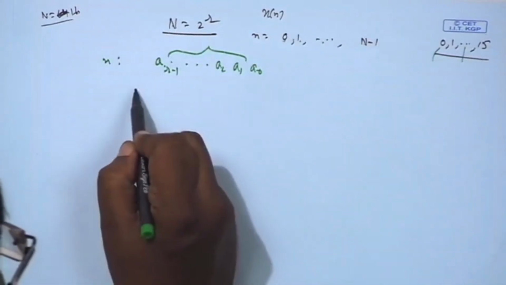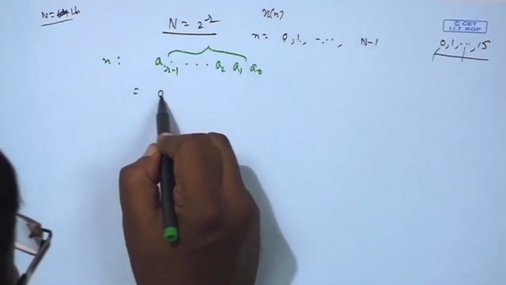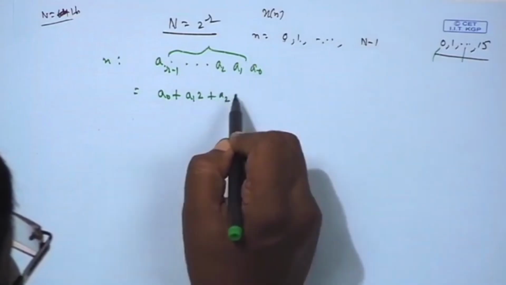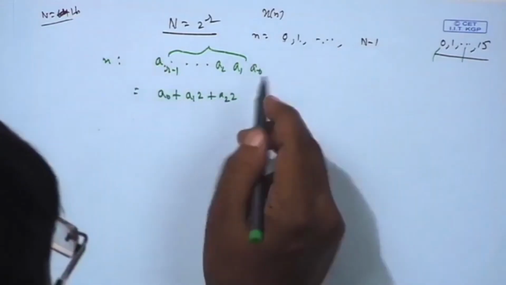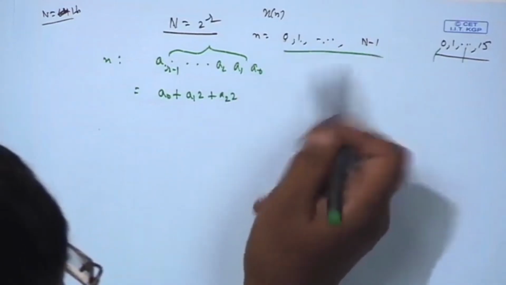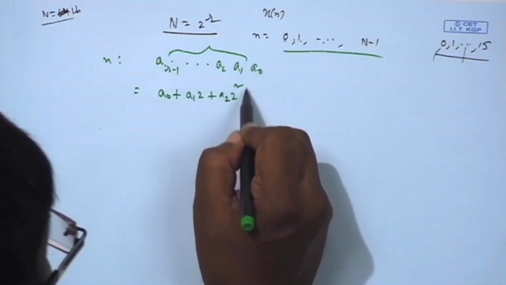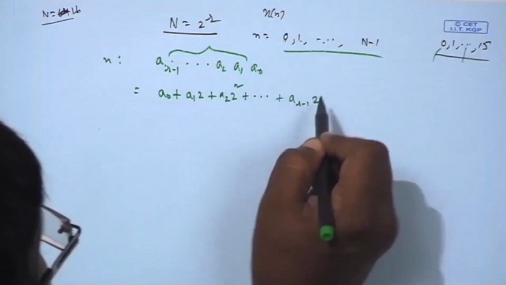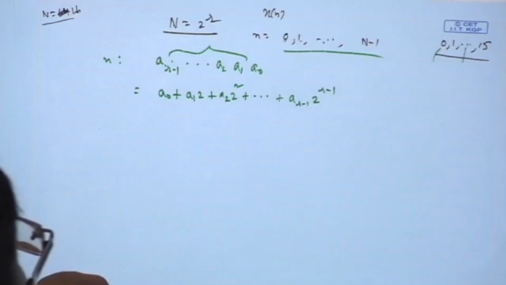And what is the decimal value? a0 plus a1 into 2, plus a2 into 2 to the power 2, and so on up to 2 to the power r minus 1. These are all positive; I am not considering negative numbers here, that is the range.